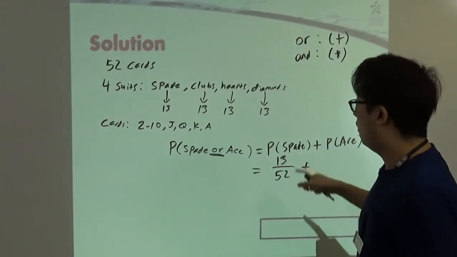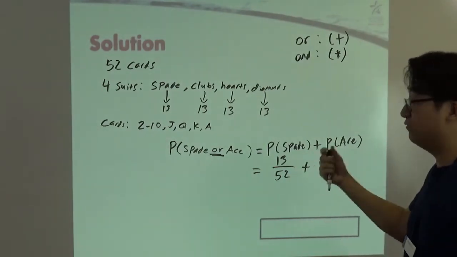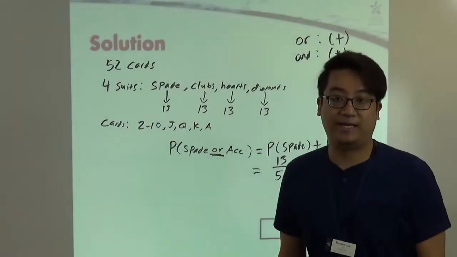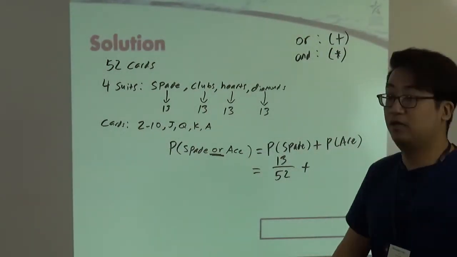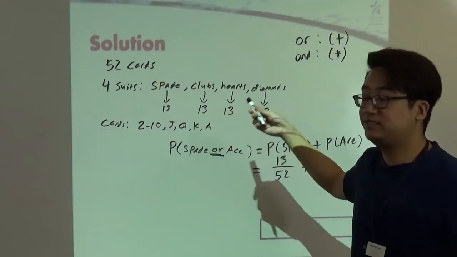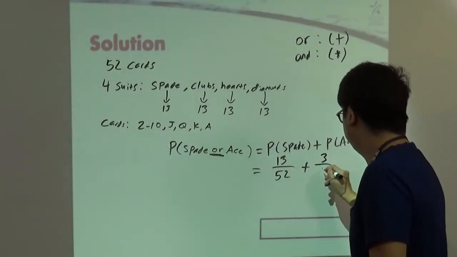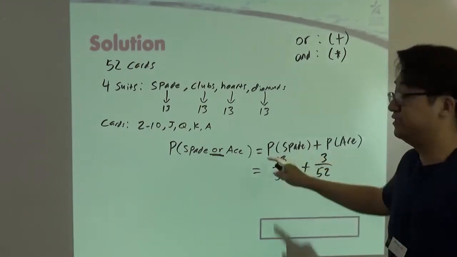But our ace of spades is already sitting in this 13 here. So we don't include it in our ace probability. The remaining aces are ace of clubs, ace of hearts, and ace of diamonds. So there's only 3 left out of those 52 total cards, because we already used the ace of spades.